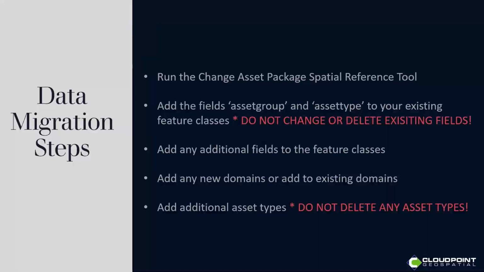One step that's going to help the migration process go more smoothly is if you add the fields asset group, which is a long integer, and asset type, a short integer, to your existing feature classes and populate those fields with the codes from the data dictionary that we just saw. You will also want to add any fields from your existing data that aren't in the utility network layers.